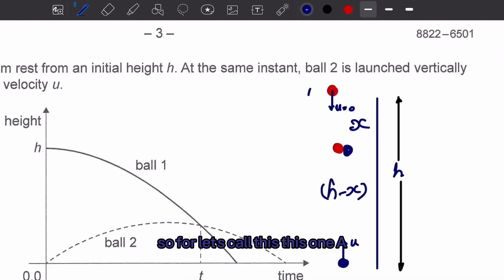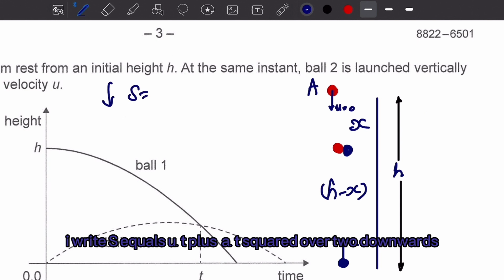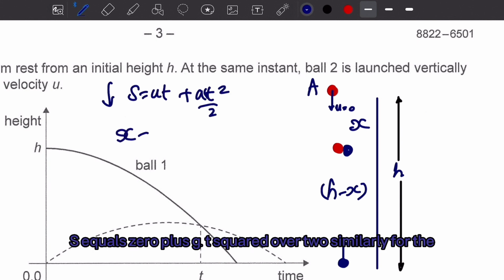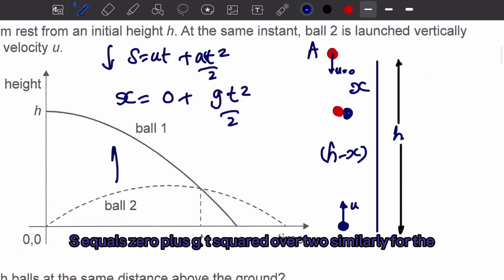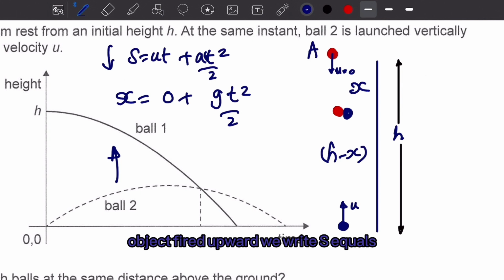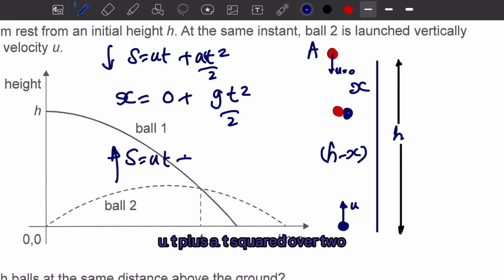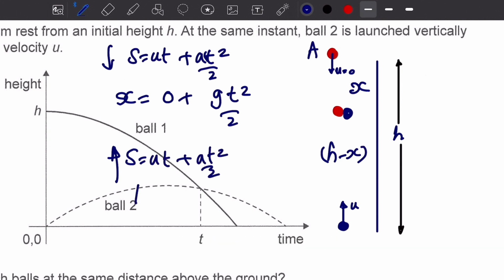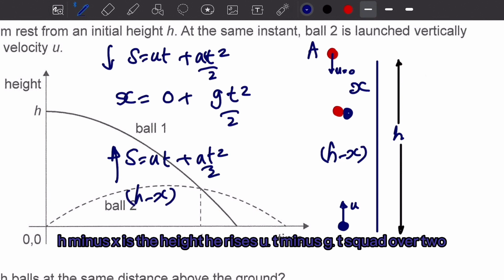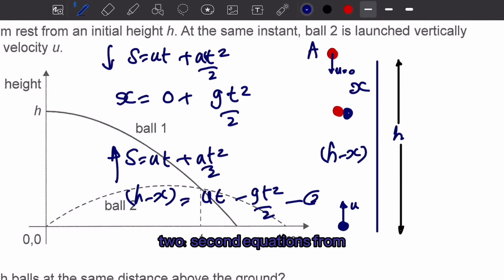For this one, I write s equals ut plus at squared over 2 downwards, x equals 0 plus gt squared over 2. Similarly for the object fired upwards, h minus x is the height it rises, ut minus gt squared over 2.